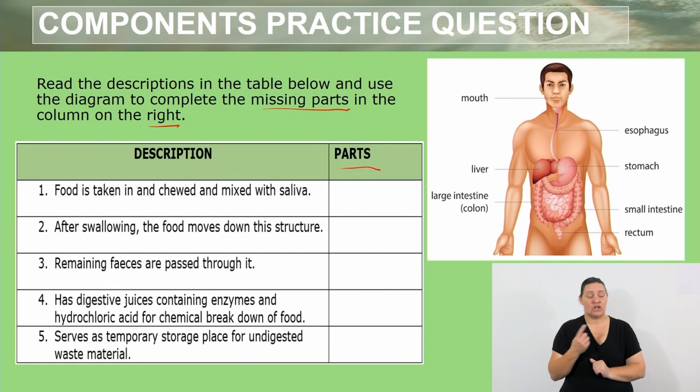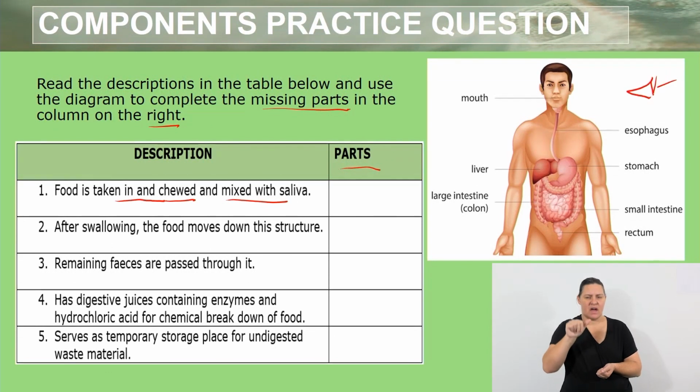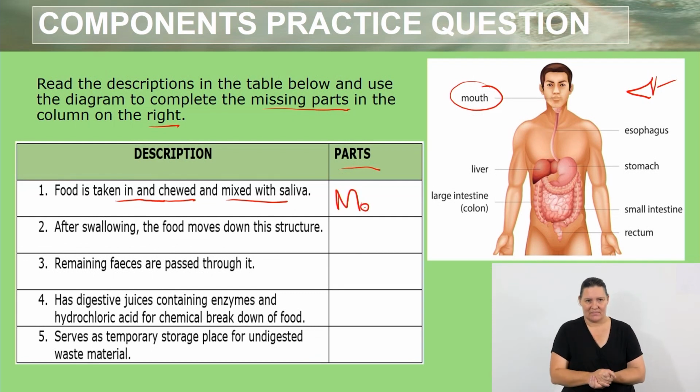The first one says food is taken in and chewed and mixed with saliva. Which part is that when we are looking at this diagram? Food is obviously taken in through the mouth. So that is the part you are filling in.